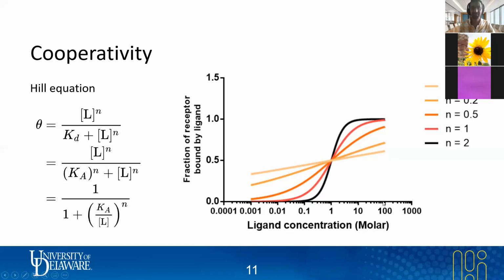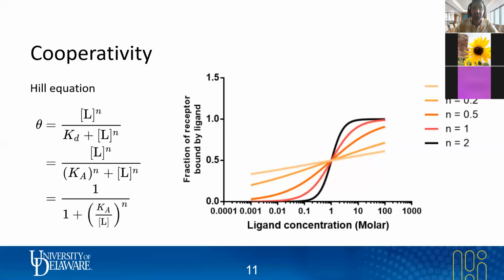And maybe several of you have seen this before. This is the idea of, as you have an increasing ligand concentration, shown on a log scale, the fraction of your receptor that's bound by ligand can suddenly increase, or it can remain relatively analog or linear in response, as described before.